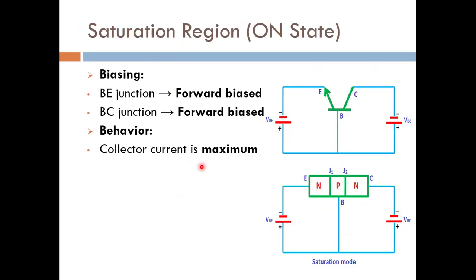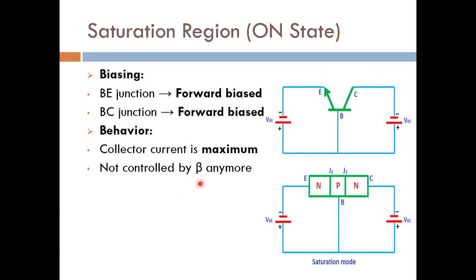So in on, whatever the maximum possible current is, that will flow through the circuit. So it is not controlled by beta anymore. This beta is a term called current gain, and that's used in amplification. So that is of no use over here.